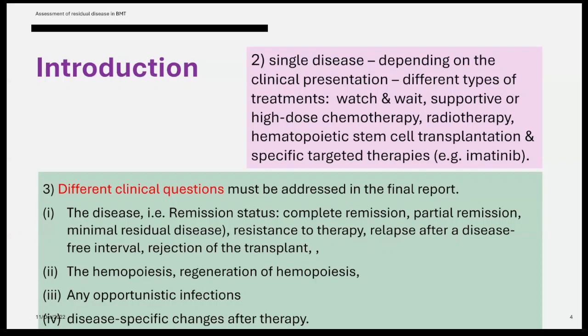Then there's the status, and most of us are so confined to this 3.1, that means the disease status, but we forget the other components: the hematopoiesis, the regenerating status of the marrow, and also any opportunistic infection, and lastly disease-specific changes after therapy, because some drugs given to the patient may cause dysplastic changes, for example.